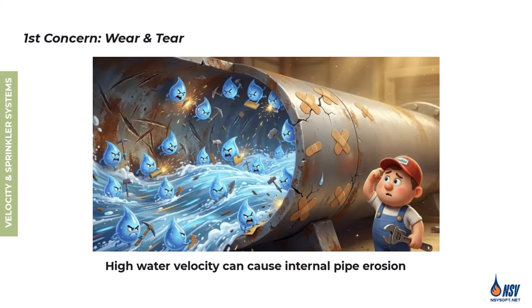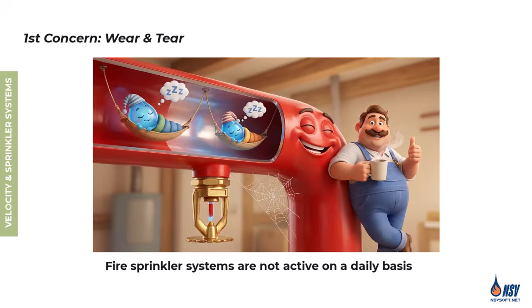This can potentially accelerate deterioration of the piping material, especially in steel pipes, and raise questions about the long-term durability of the system. However, this concern does not directly apply to fire protection systems because sprinkler piping does not operate under continuous flow conditions. Fire sprinkler systems are not active on a daily basis, and the piping typically remains static for long periods of time.